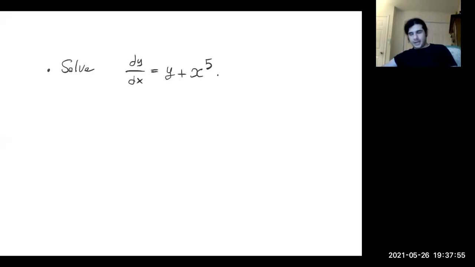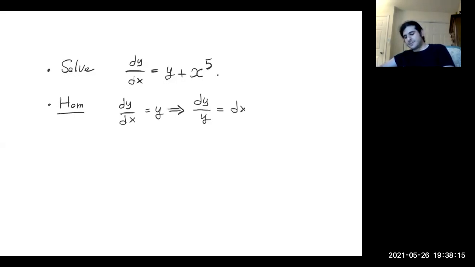Okay, so again, the first step would be thinking about the homogeneous equation, which is just dy/dx equals y. Well, this one is very simple. This is a separable equation. dy over y is equal to dx.